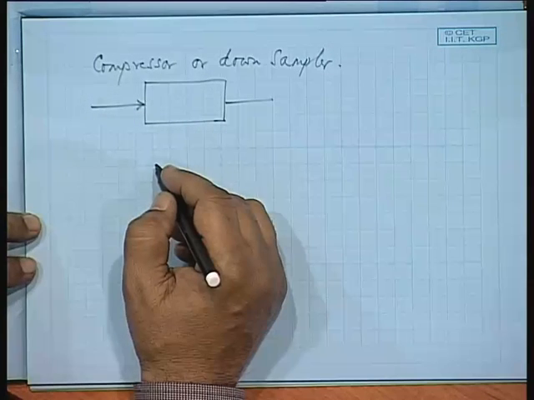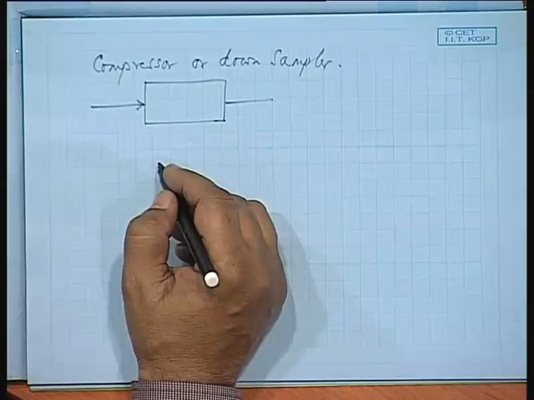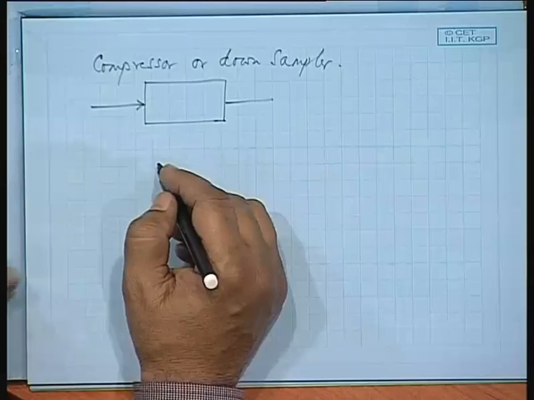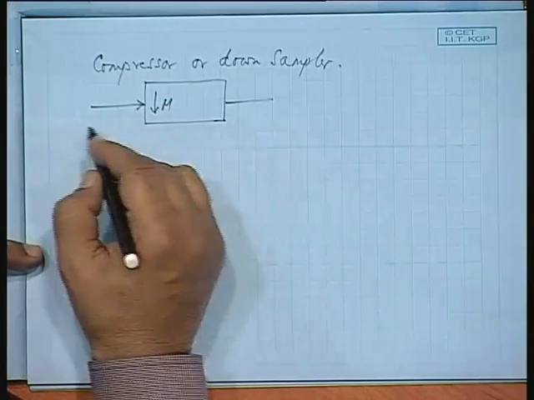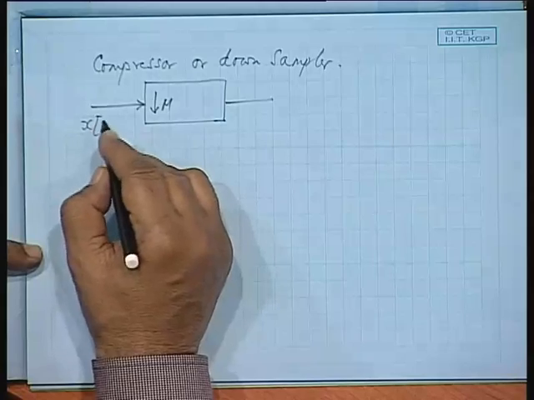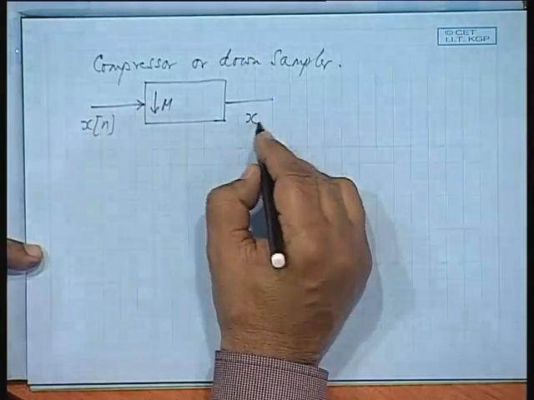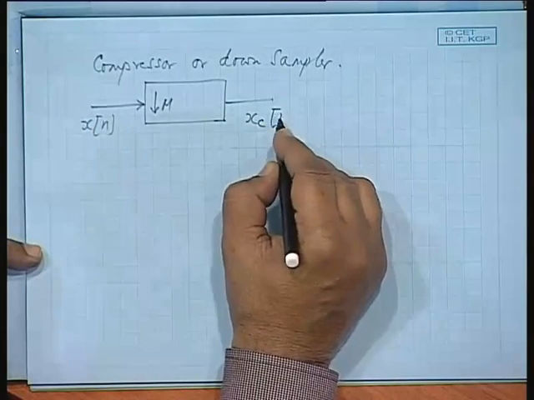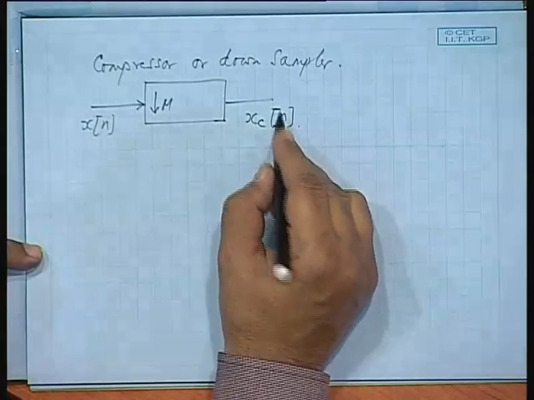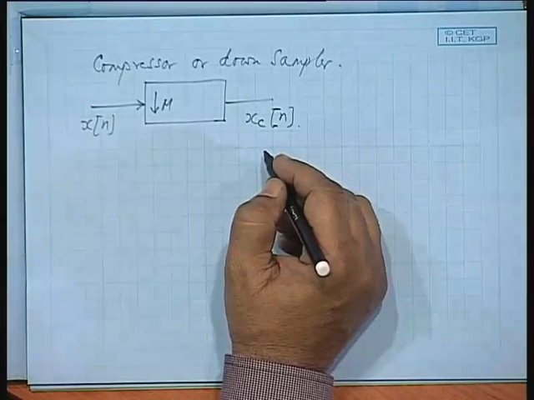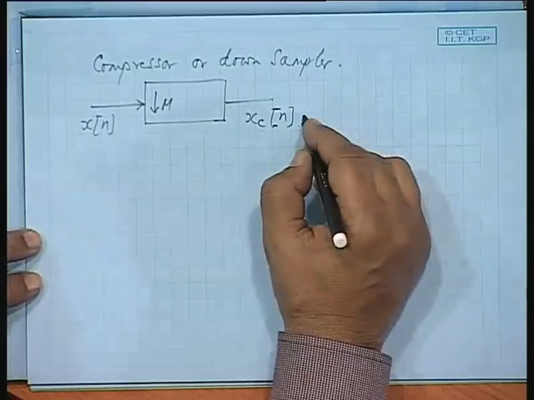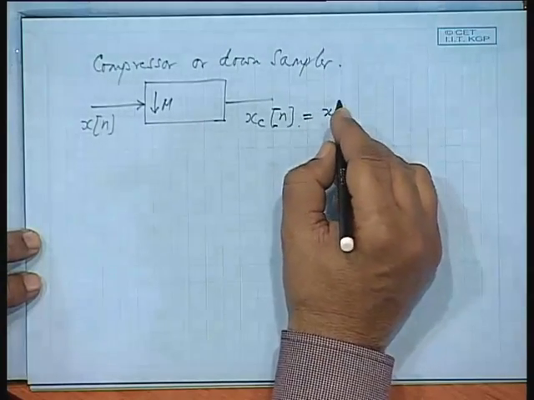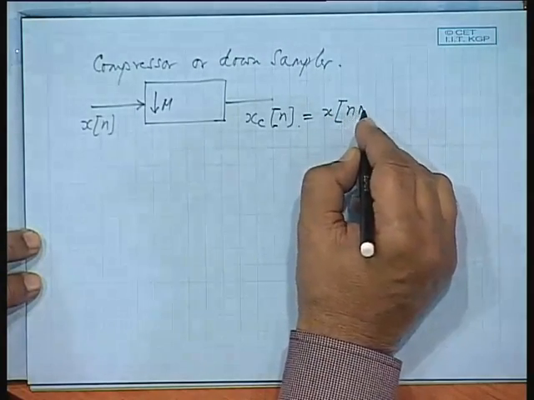Sorry, M, and this is x[n], this side I call it x compressed[n]. So, this x compressed[n] will be x[nM].